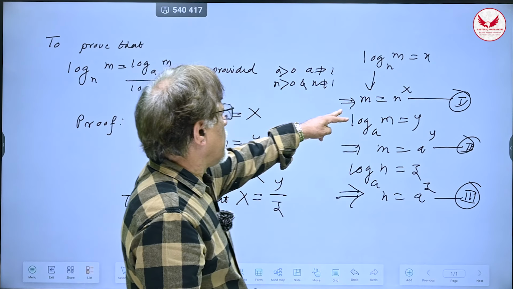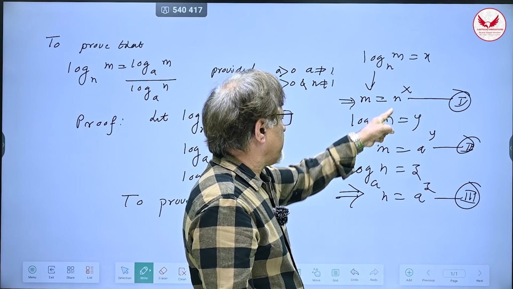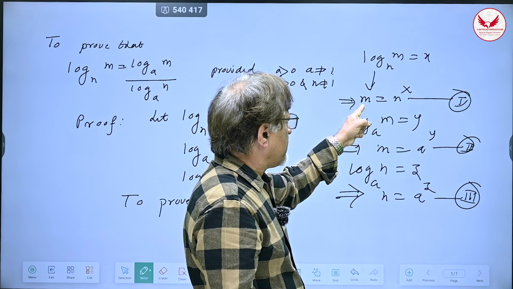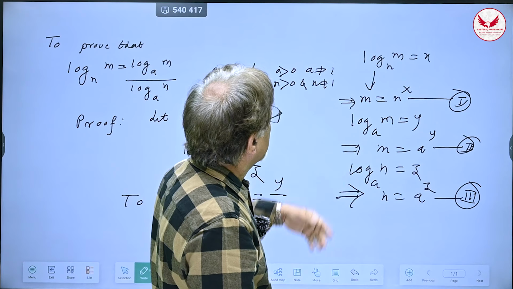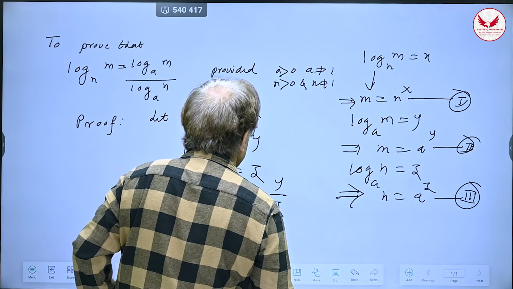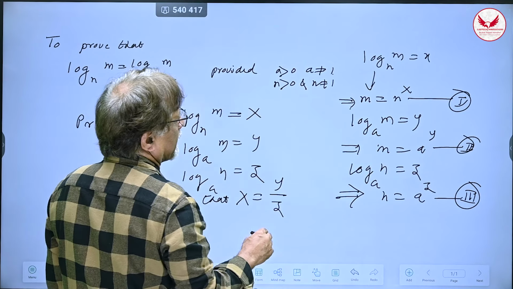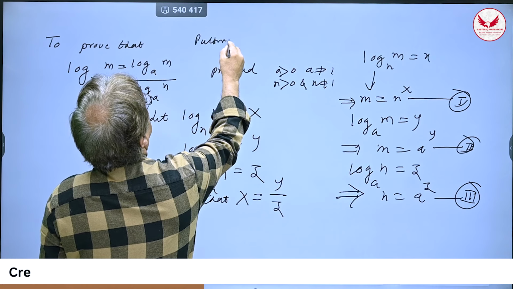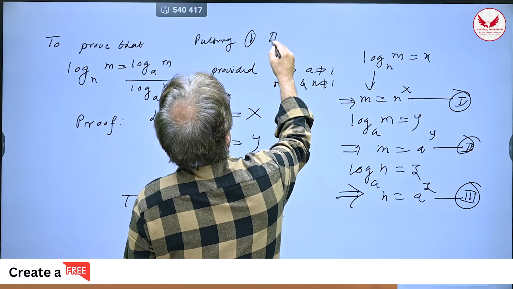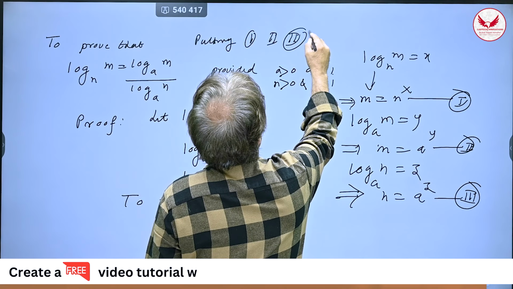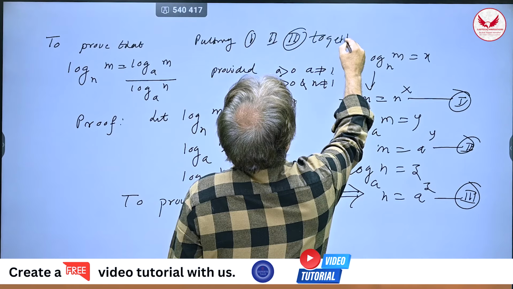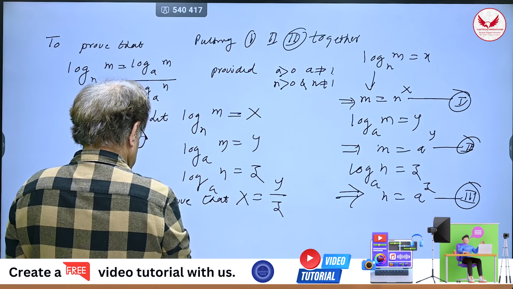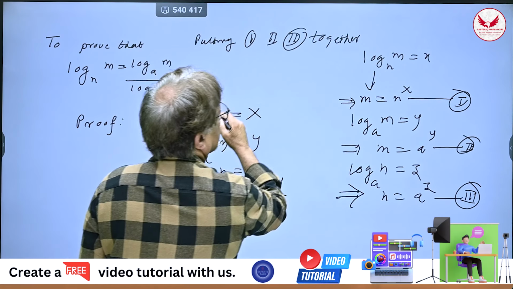In fact, the value of m is written here, and the value of n is written here. If I replace this m and n by replacing the values, what will I get? So putting 1, 2, 3 together, you get like this.